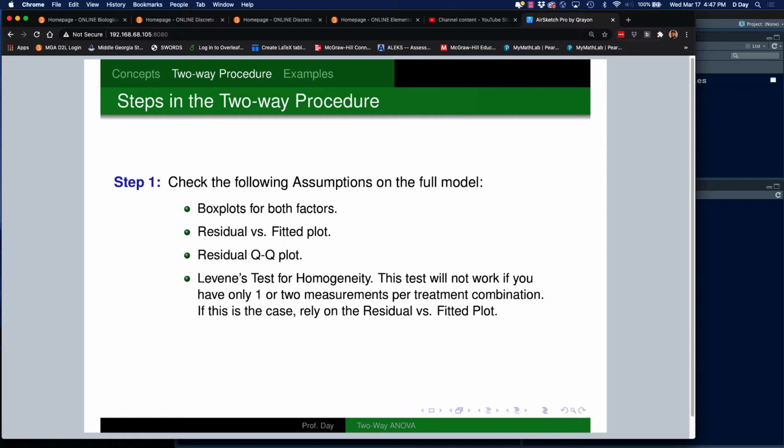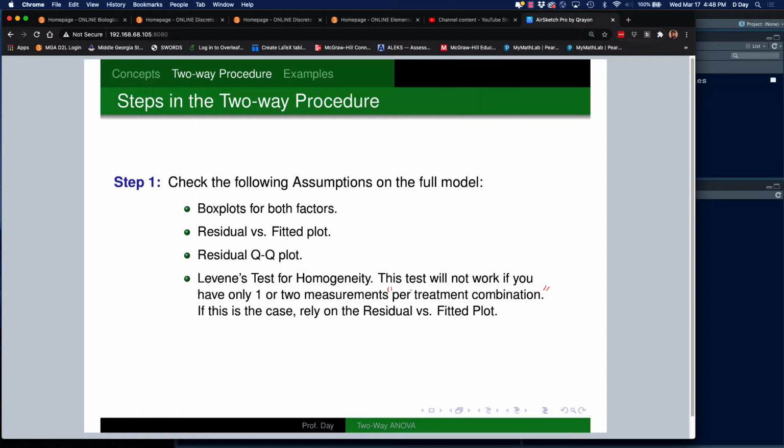And we can also do the Levene's test for homogeneity on these groupings. The thing to note here is that the Levene's test will not work if you only have one or two measurements per treatment combination. I'll show you what I mean by per treatment combination, because we're going to run into this very issue today for only having two measurements per treatment combination.